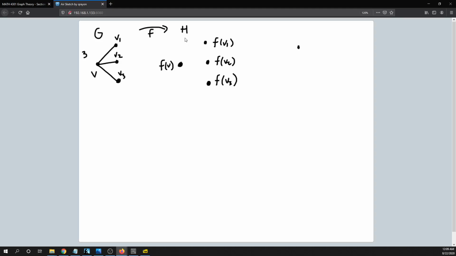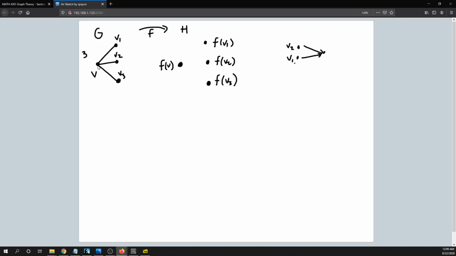If V1 and V2 got sent to the same vertex over here, then your bijection between the vertex sets would look like this. It wouldn't be 1-to-1 anymore, right? So these 4 vertices are 4 different vertices in H. All right, and not only that, remember one of the properties was that whenever 2 vertices are adjacent in G, then their images over in H have to be adjacent.